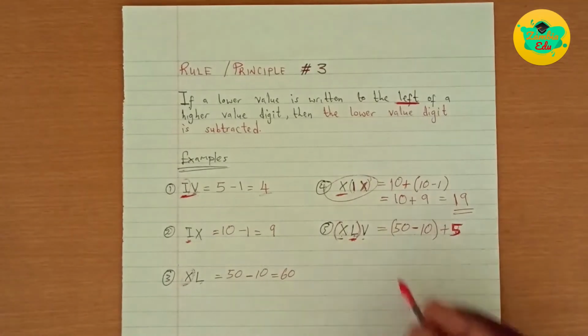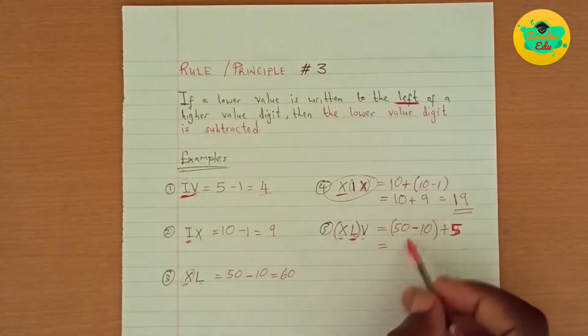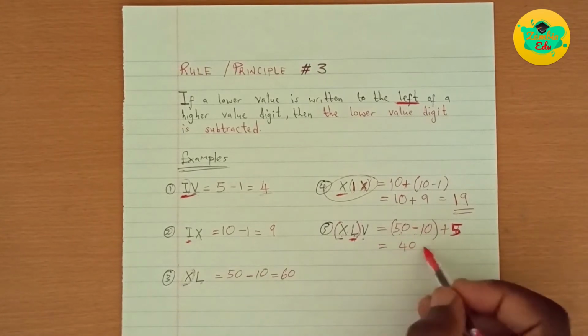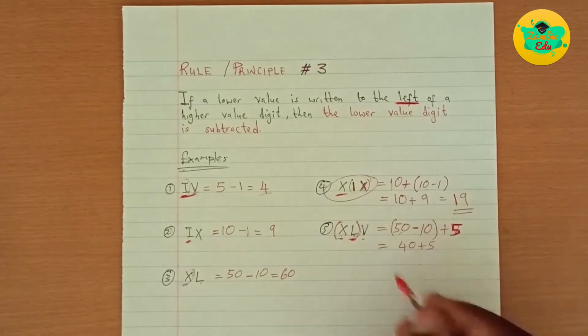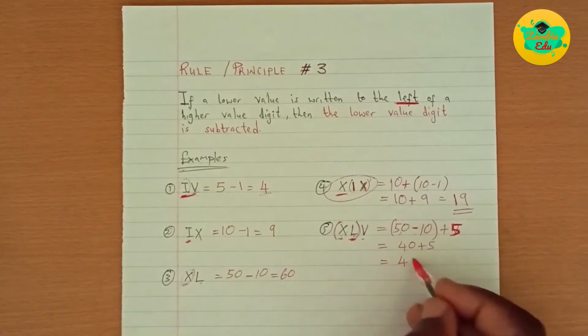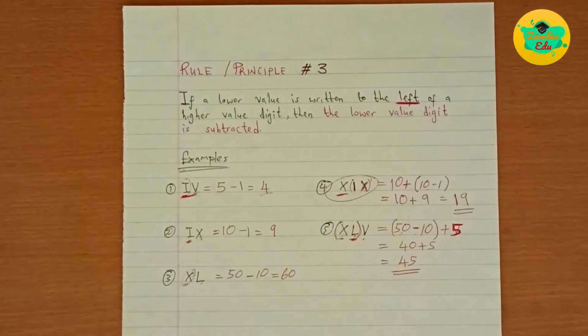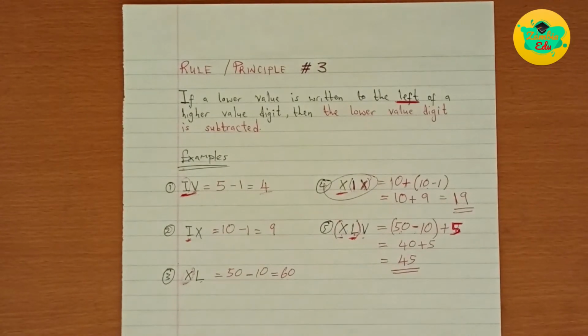So 50 take away 10 is 40, plus 5, which should give us 45 as our answer. All right, so I think we are good to go on principle number 3. Let's go to the fourth principle.